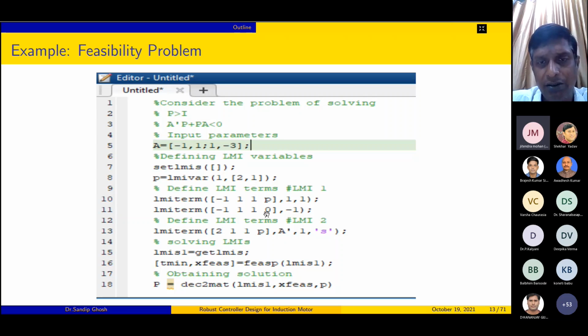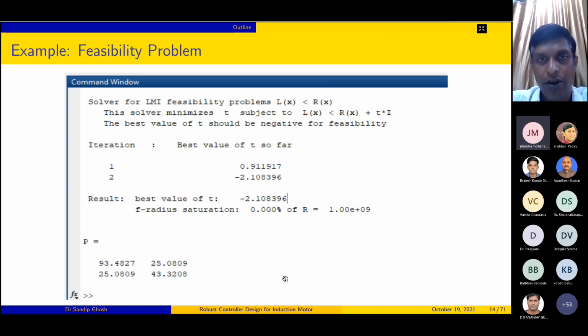Then you collect all these terms, call the solver, and find a solution for P after solving, from the set of solutions. If you run this code, the solution looks like this: it does an iteration, arrives at a feasible solution, and the corresponding P solution is this.